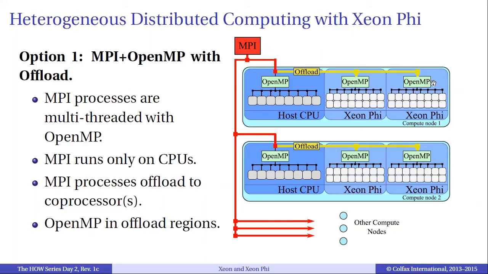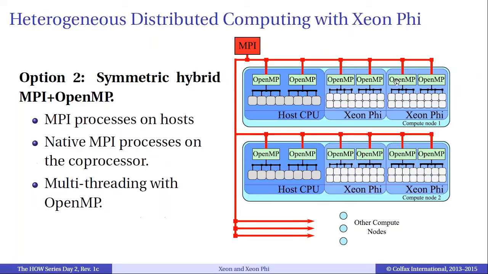One of the ways to scale across this cluster with coprocessors is to use a framework such as MPI, Message Passing Interface. This is a parallel framework for distributed computing. I will put one MPI process on every CPU. And then I will use the offload programming model, which we will discuss today, to push parts of the application to Xeon Phi coprocessors. Another way to program Xeon Phi coprocessors in a cluster is to put MPI processes directly onto Xeon Phi.